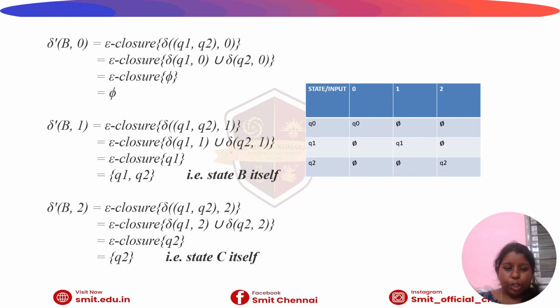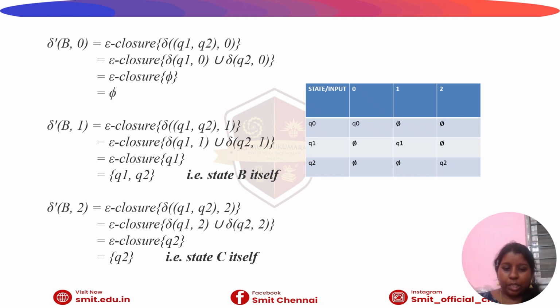Delta dash of B comma 0, we will write E-closure of Q1, Q2 with the input 0. For the input 0, we'll see Q1 comma 0 is empty and Q2 comma 0 is empty. So we'll write empty. Then we'll check for the input 1. We will write the E-closure of Q1, Q2 of 1.